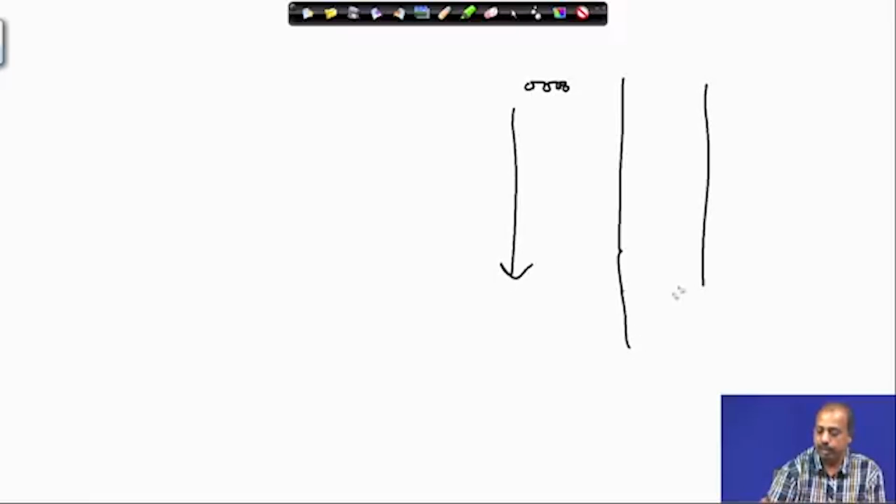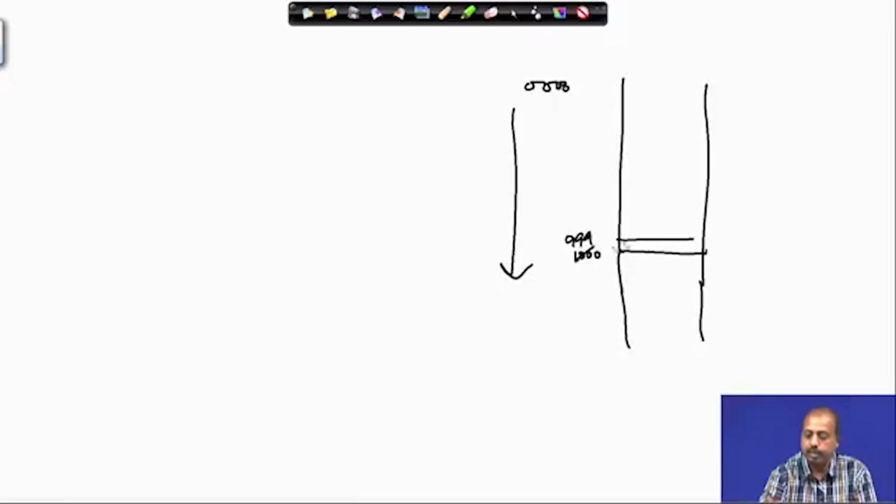And I have this particular address from where the stack will start, say 1000. Now, when I am doing a push operation, the stack grows in this direction. The stack pointer value after the first push becomes 999, then after the second push it becomes 998. So, it grows towards the lower address.